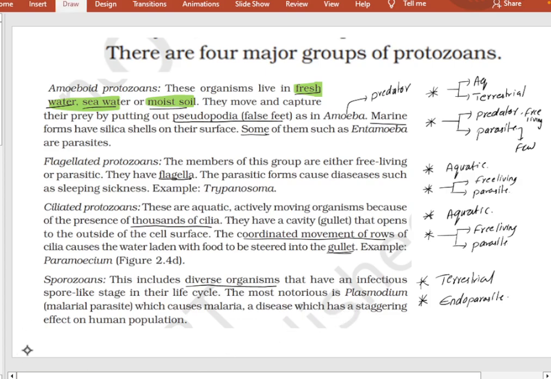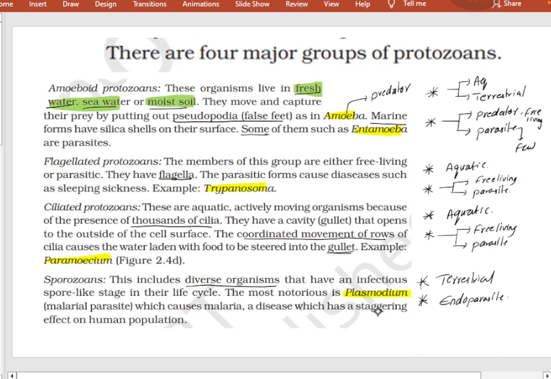Examples are also important. What are the examples mentioned here? Amoeba and entamoeba. Trypanosoma, sleeping sickness. Paramecium. Plasmodium. Whenever they give it in an exam, two Plasmodiums will be there, and one will be in italics. In the exam, the genus will be in italic printed form.